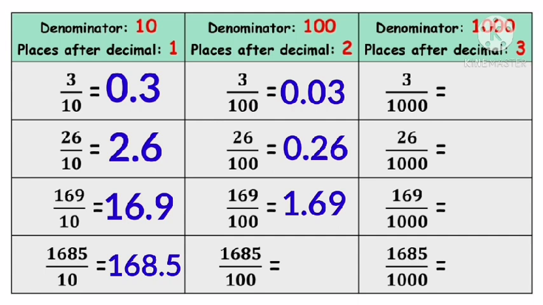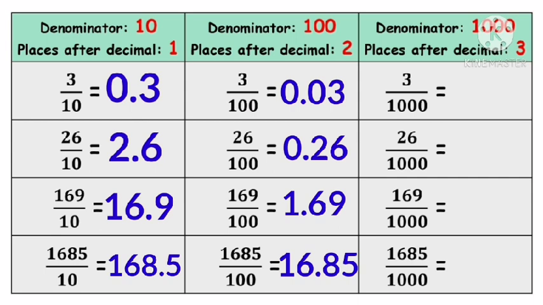Yes, after the point, 2 places. So 1.69. The last fraction 1685 by 100, which is represented as 16.85. Yes, as 2 places after decimal, the decimal point will be after 16, that is 16.85.